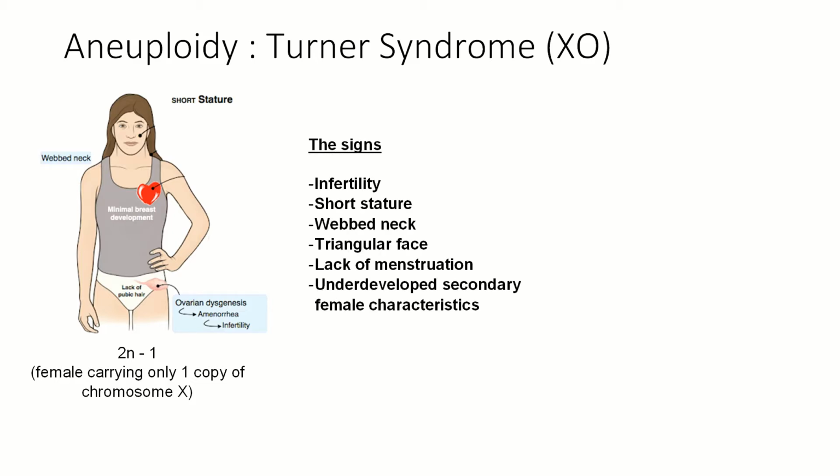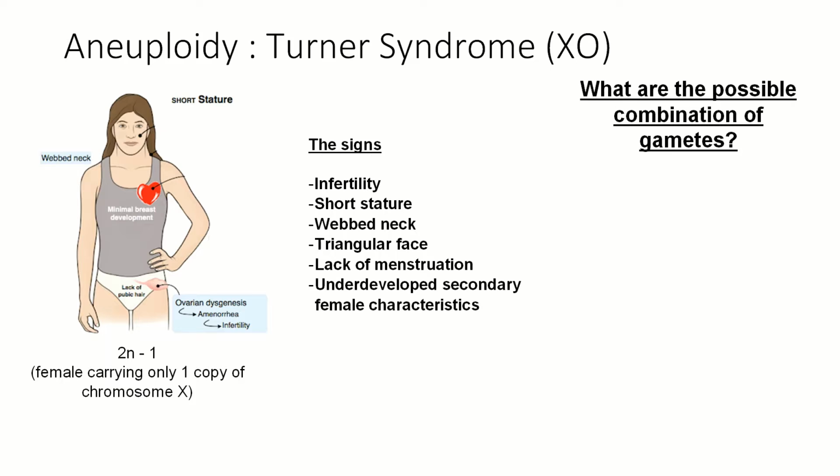So these are the signs or symptoms of a Turner syndrome individual. They are infertile, they are short, they have a webbed neck, triangular face, they do not menstruate, and they have underdeveloped secondary female characteristics.